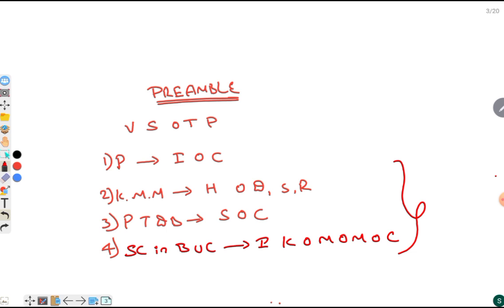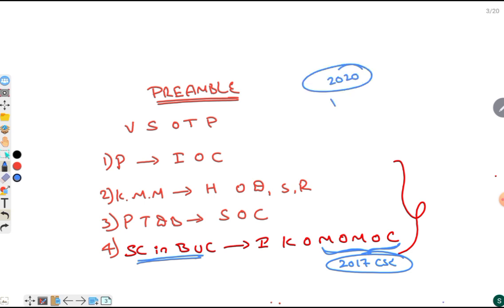Now let us see the various questions asked in the UPSC CSE exam. In 2017, the question was on the makers' mind of the constitution. The Supreme Court in the Berubari Union case said that the preamble is the key to the makers' mind of the constitution, and it was asked in the 2017 CSE exam. And also in 2020 there was a question that the preamble reflects the principles of UDHR.